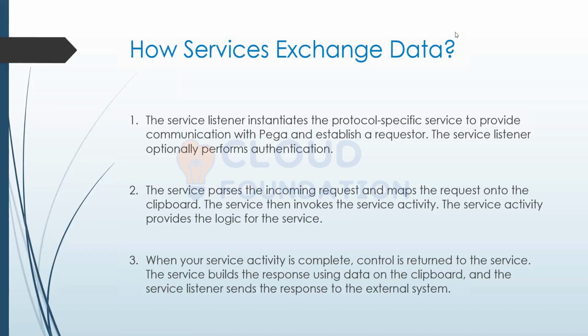Basically, what happens is your request is received. Probably the request could come from any other external application. The request is received and it is processed, and whatever request parameters you have, for example, you should send the customer data as a response.